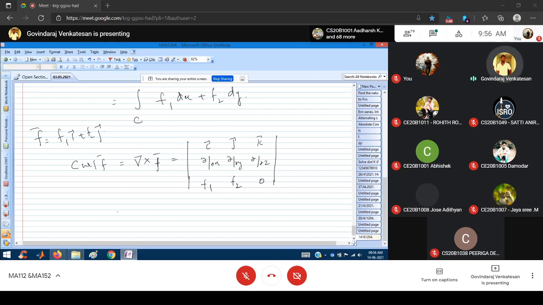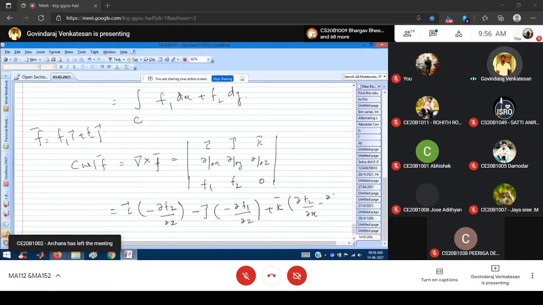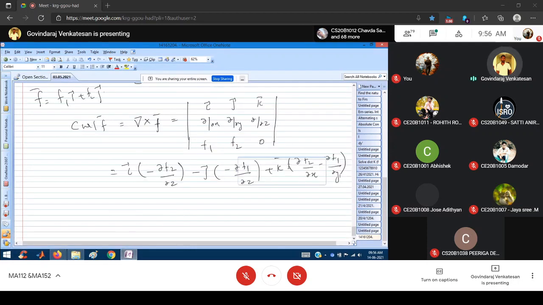So the i vector into minus dou f2 by dou z, minus j into minus dou f1 by dou z, plus k vector into dou f2 by dou x minus dou f1 by dou y. Right? This is your value of curl f.